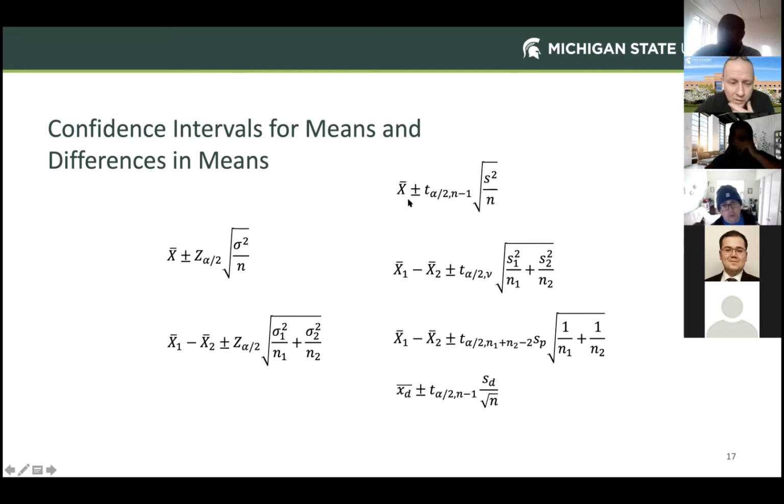But we collect data on our sample. So we have a sample mean in the case of a one sample test, or we have a difference in sample means in the case of students or Welch's test, or we have a mean difference in the case of the paired t-test. And then we're constructing bounds on that using data from our sample.